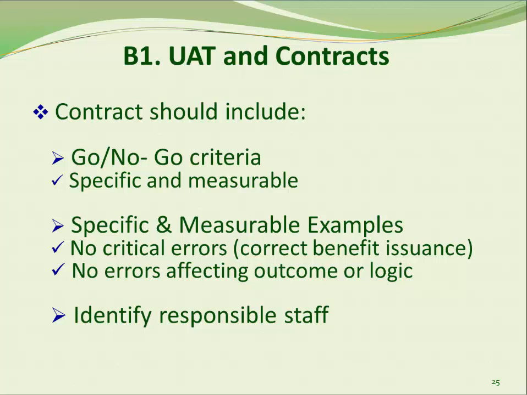For example, no major workaround is needed to achieve the required function. The contract should also identify staff responsible for verifying the defined go, no-go criteria have been met and approving the results. Therefore, the approval of the results of the UAT and pilot should be explicit in your contract with the developer.